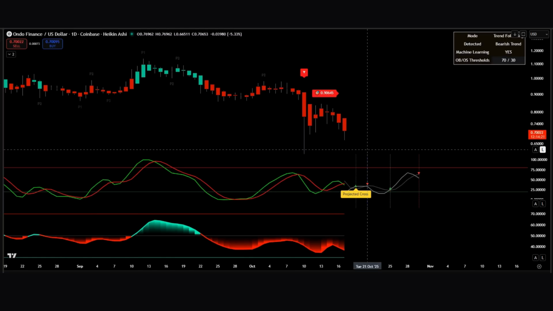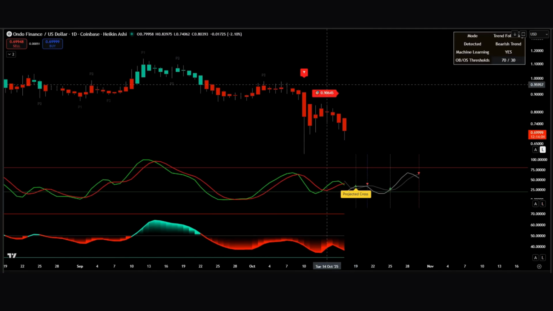When the balloon sits above price like this, it typically acts as moving resistance. If the balloon slides underneath price in later sessions, that would be a clear early sign the momentum profile is changing to bullish.